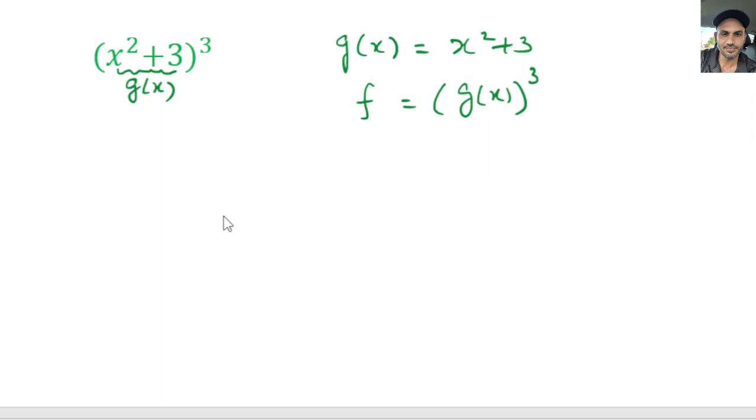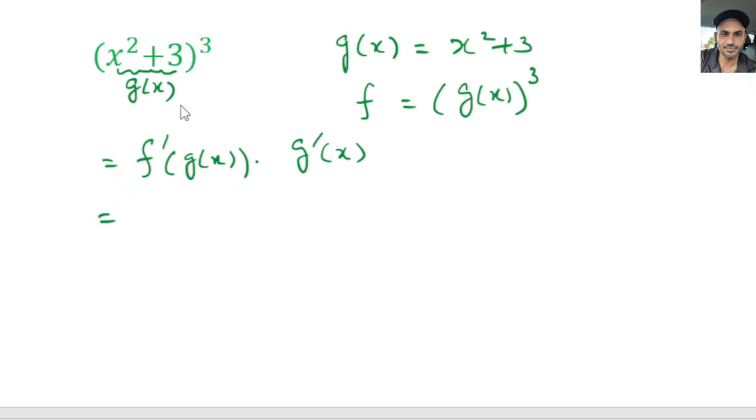And now we're going to apply the chain rule to solve for the derivative of this expression. We already know that the derivative under the chain rule is going to be f prime of g of x times g prime of x. So, the derivative of the main function times the derivative of the input function.